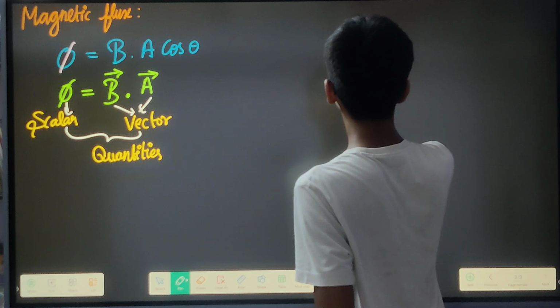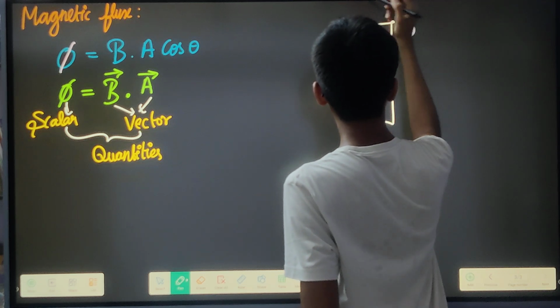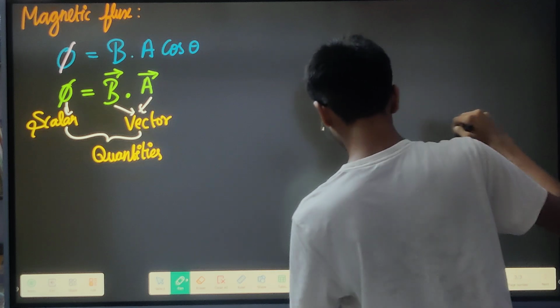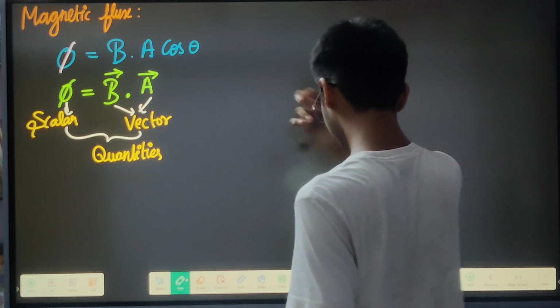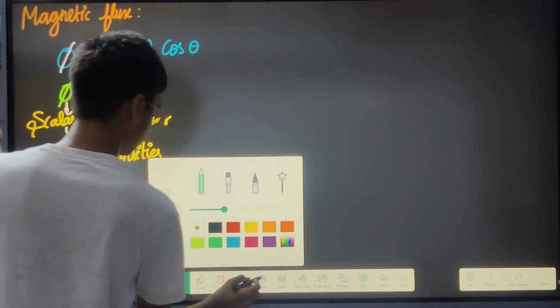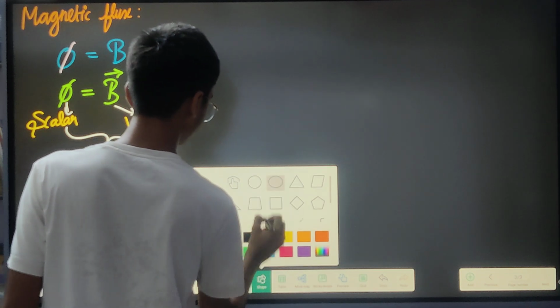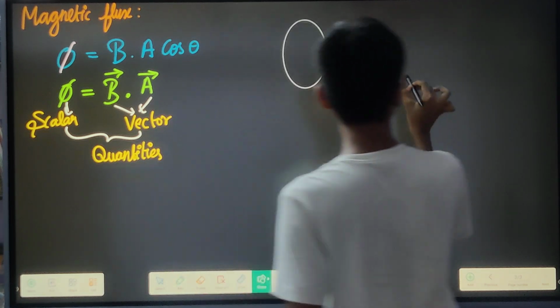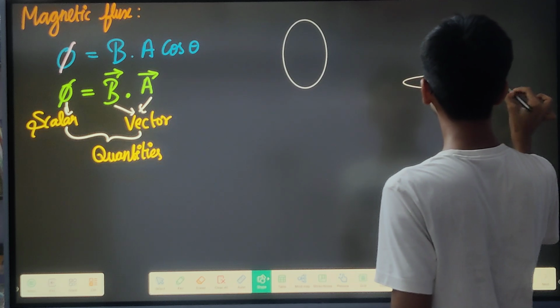Imagine this is a plate. I'm not even able to draw a plate. So this is your plate, and imagine this is also your plate.